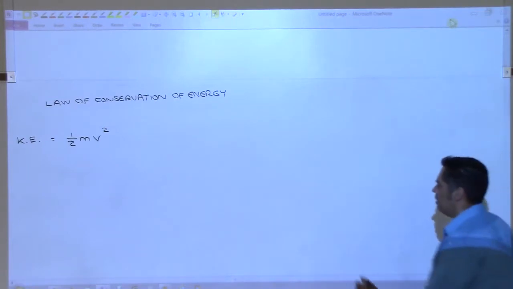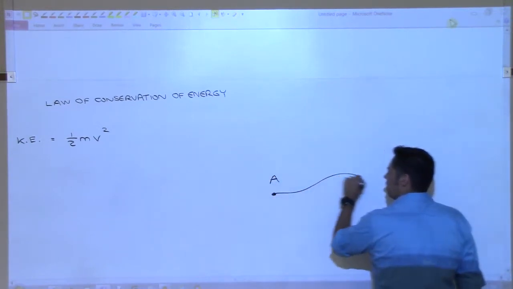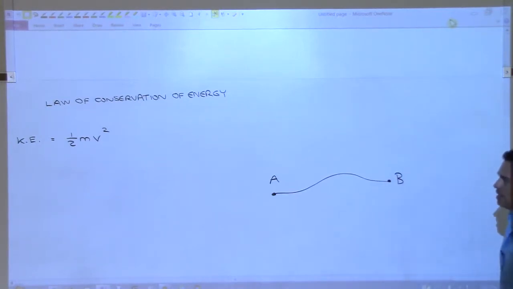So let's say you have an object that you move from point A to point B, however you move it, and you're moving it against some field, could be gravity, could be magnetic, whatever it is.